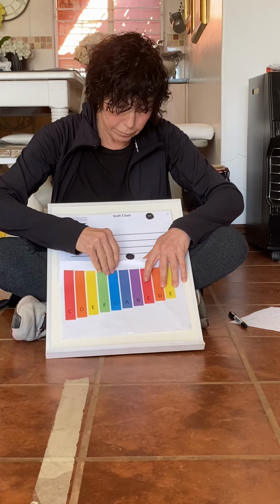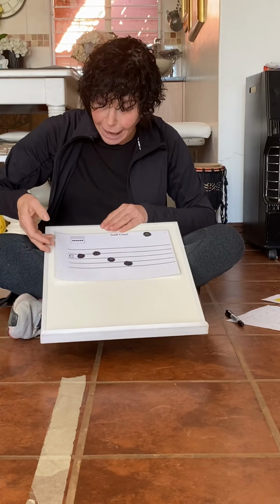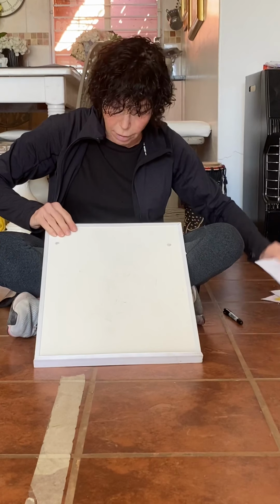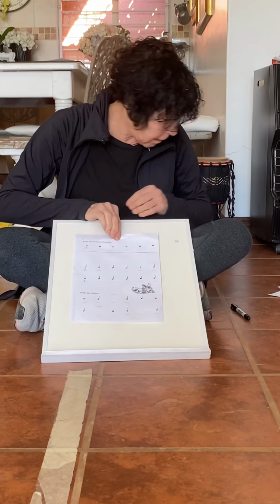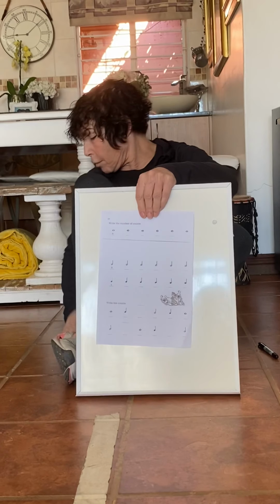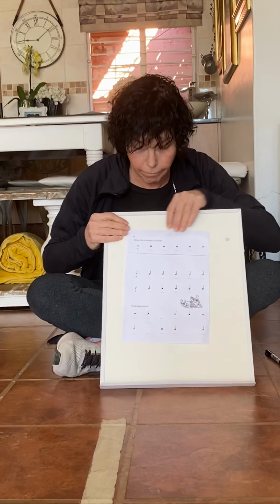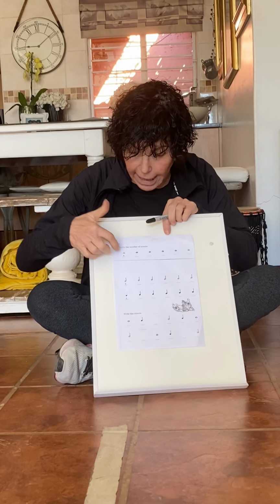Now, let's see if you remember how many counts all the different dress-up notes get. So, here's the new piece of paper that Mommy downloaded for you. And let's have a look here.